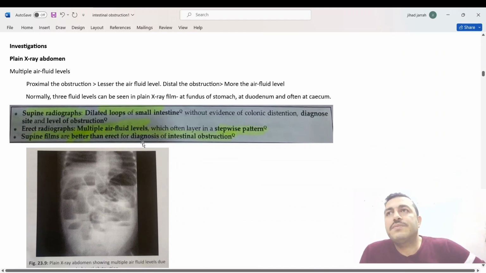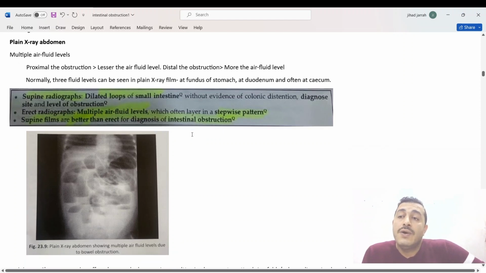If you practice surgery, you know that with intestinal obstruction, we start with the plain X-ray of the abdomen, and here we can see the classic intestinal obstruction X-ray with air fluid levels. Many ask how many air fluid levels I should see.